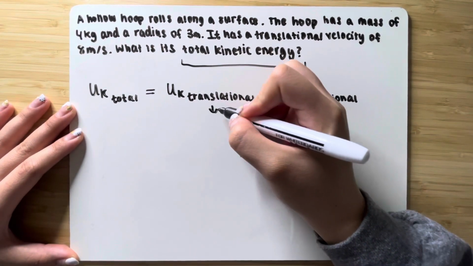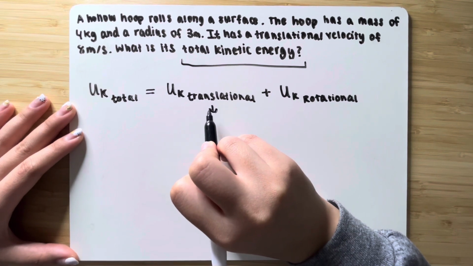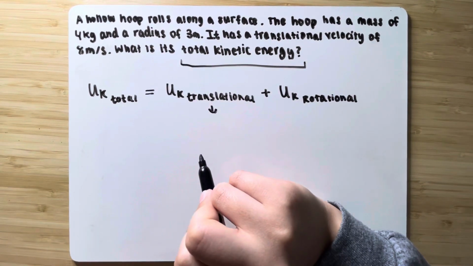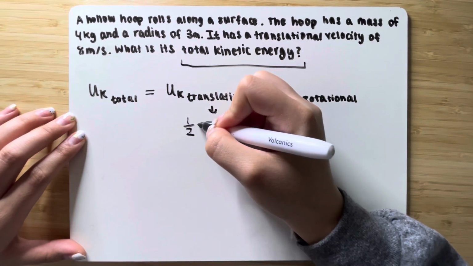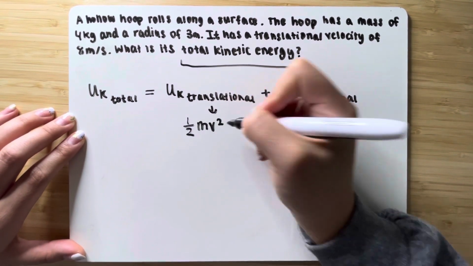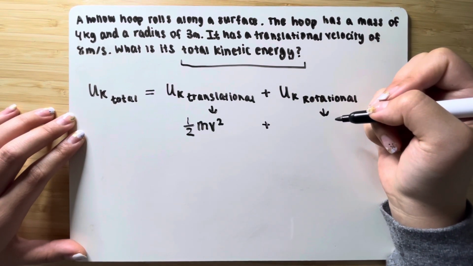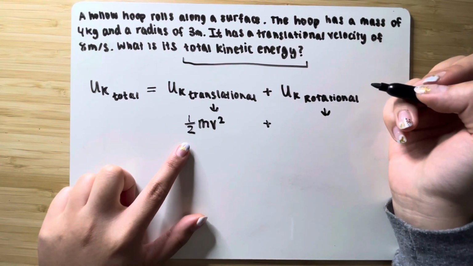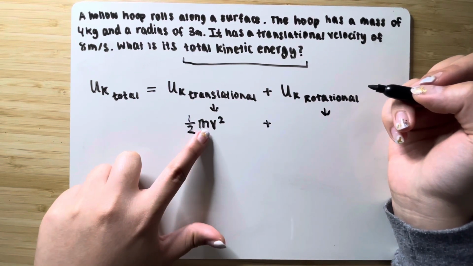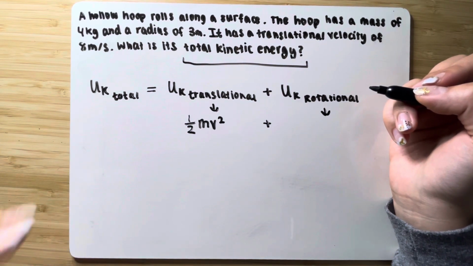All right, then you can derive the translational kinetic energy into the equation we learned, which was 1/2 mass times velocity squared. And now you need to understand that the rotational kinetic energy is going to be the same, but in terms of rotational quantities.